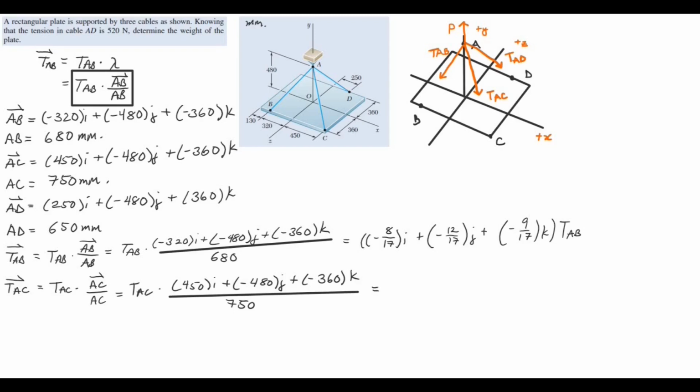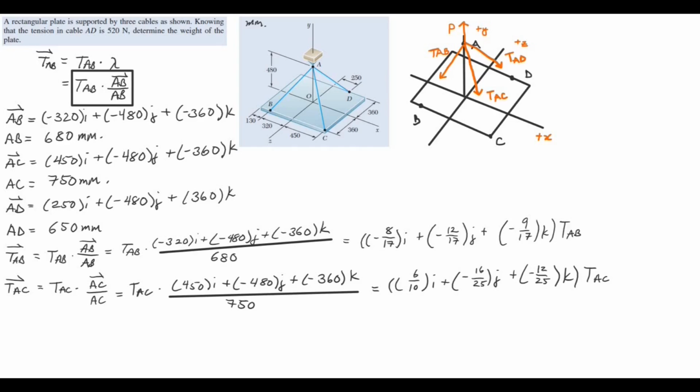And this can be simplified into 6 out of 10i minus 16 out of 25j minus 12 out of 25k times tension AC.